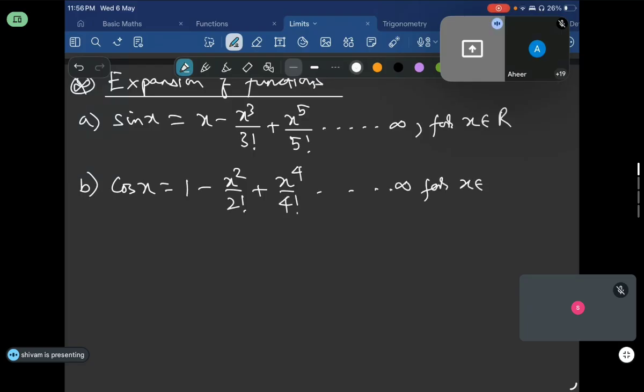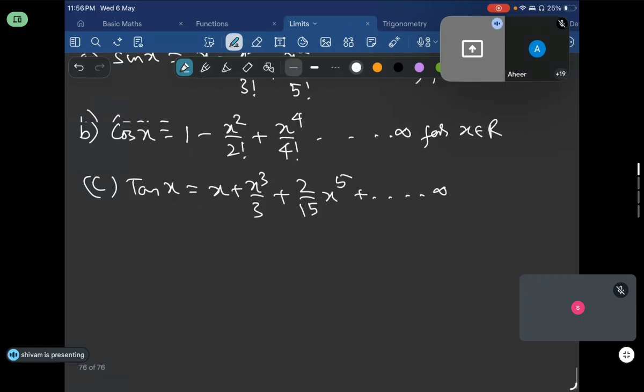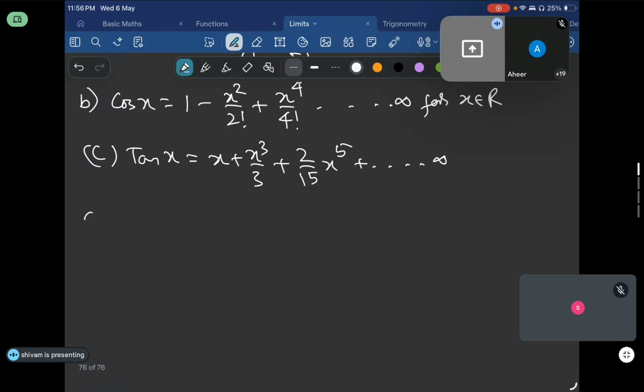This holds for all x belonging to real. Next, tan x. For tan x, just remember the first three terms. Nothing much: x plus x cube by 3 plus 2 by 15 x to the power 5. Only this much. You don't have to remember much, only the first two, three terms.